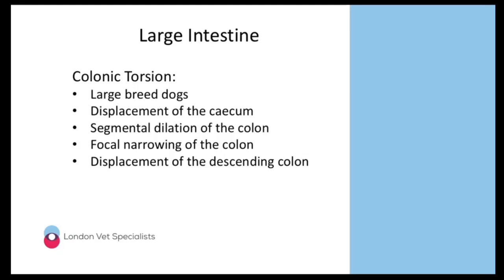The radiographic change that you're really looking for is displacement of the cecum. So the cecum will be on the wrong side, so it'll be on the left rather than on the right. And you'll also see segmental dilatation of the colon, so the colon will be really big and full of gas. The descending colon typically will narrow quite abruptly and can also be quite markedly displaced.